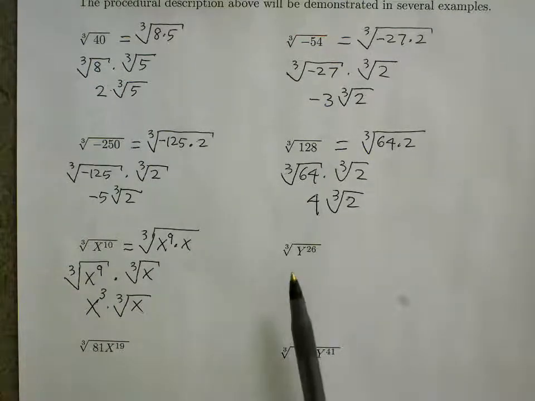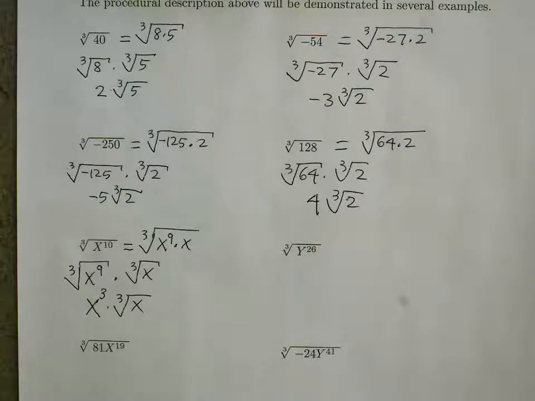Okay, the next one, simplify the cube root of y to the 26th. The exponent 26 is not a multiple of 3. So y to the 26th is not a perfect cube.